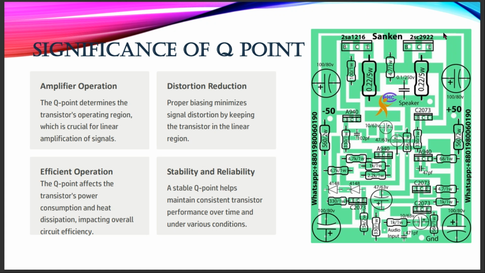Distortion reduction: proper biasing minimizes signal distortion by keeping the transistor in the linear region. Efficient operation: the Q point affects the transistor's power consumption and heat dissipation, impacting overall circuit efficiency. Stability and reliability: a stable Q point helps maintain consistent transistor performance over time and under various conditions.